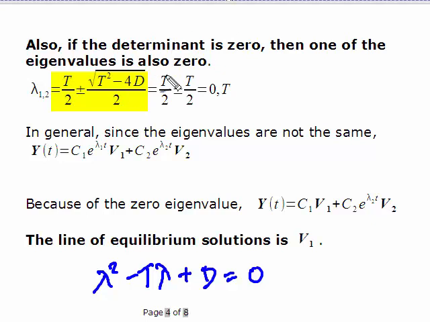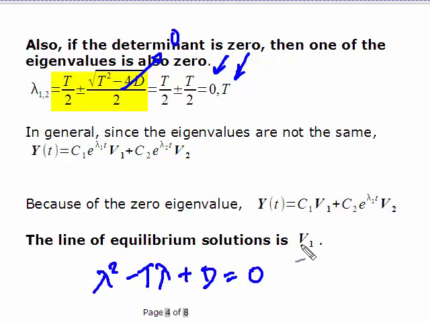Now, if D is 0, then the result is t over 2 plus or minus t over 2. So one eigenvalue is 0, the other is the trace. Remember, t is trace and D is the determinant of the coefficient matrix A.